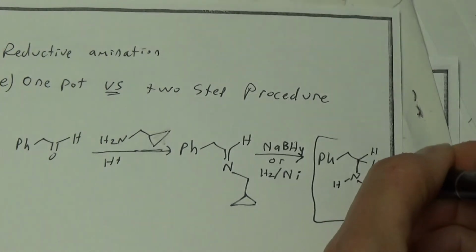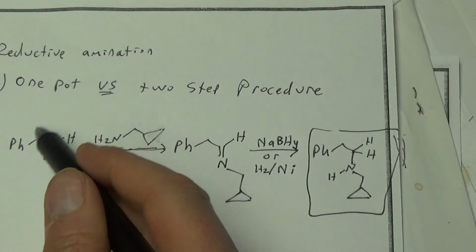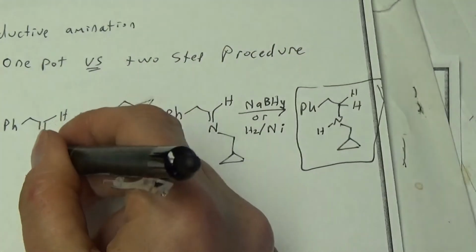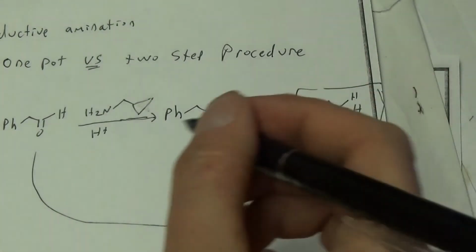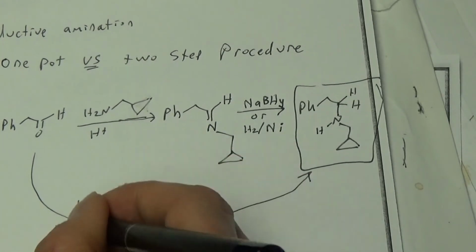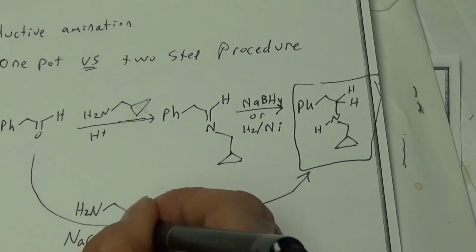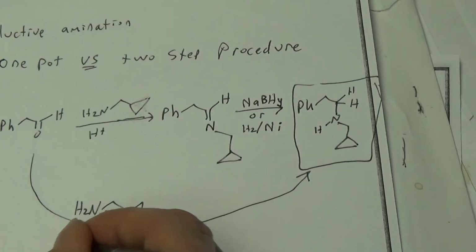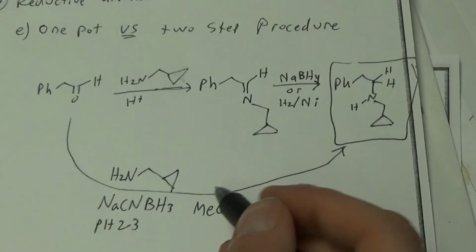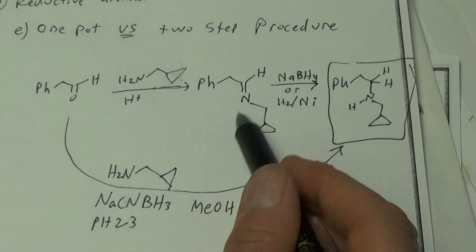How does that differ from the one-pot procedure, which is what we were highlighting all along? We could just do this all in one step, by throwing everything in there at the same time, which is the beauty of the NaCNBH3 method, at pH 2 to 3 in methanol, where we add everything into one pot, and it makes the imine and immediately reduces it.